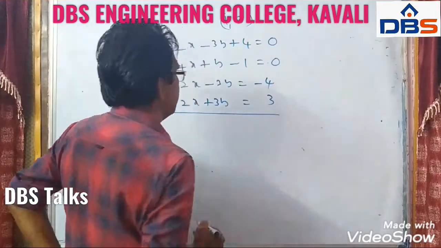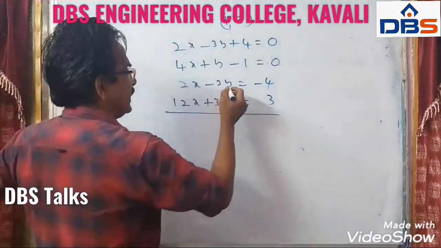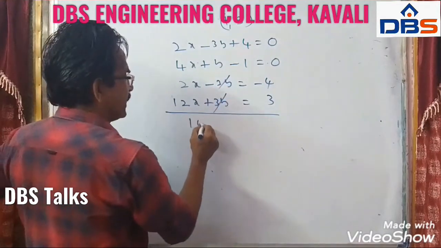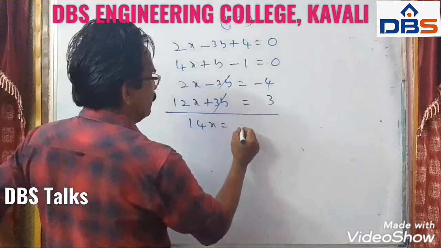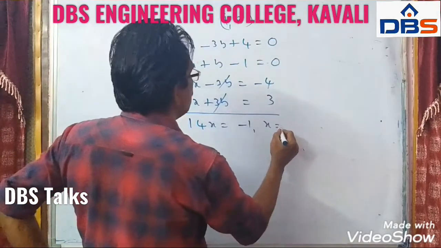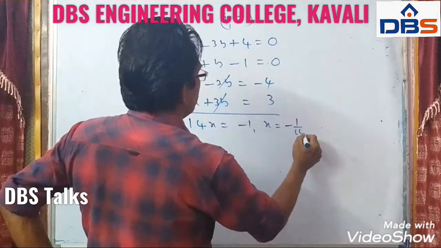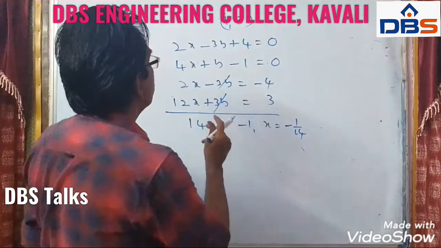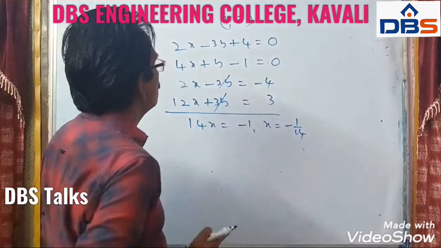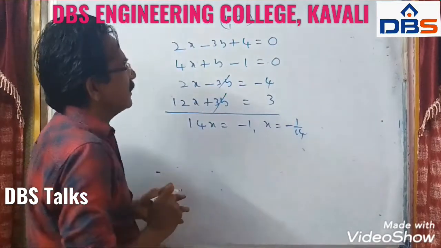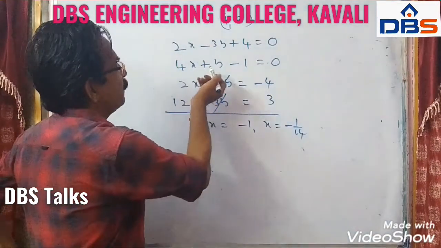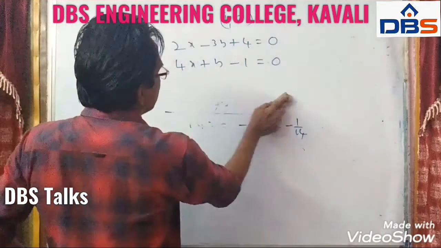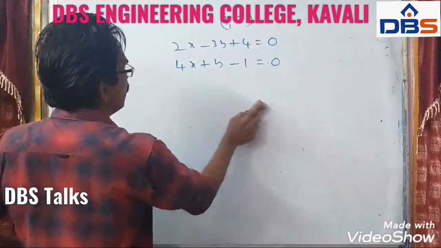By adding, minus 3y plus 3y cancels. 14x is equal to minus 1, x is equal to minus 1 by 14. So this becomes lengthy, it seems. Okay, let us go the other way.